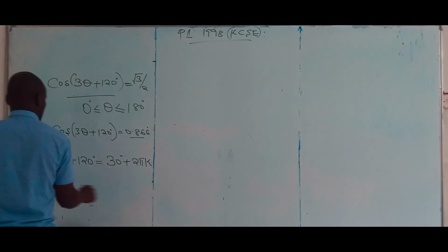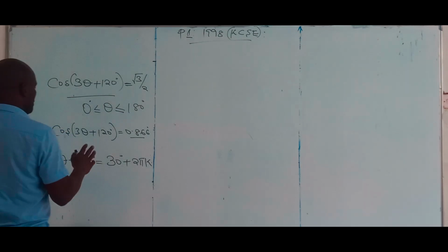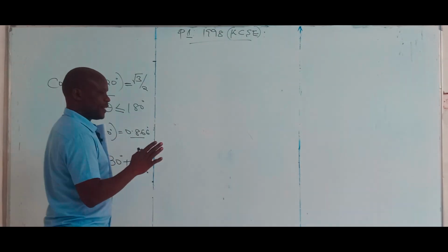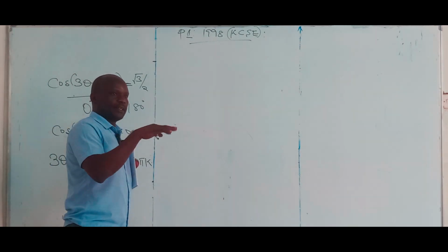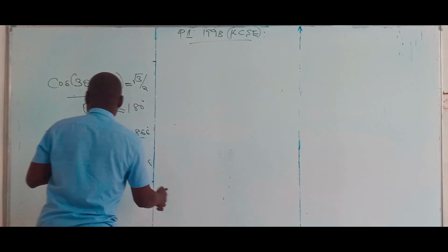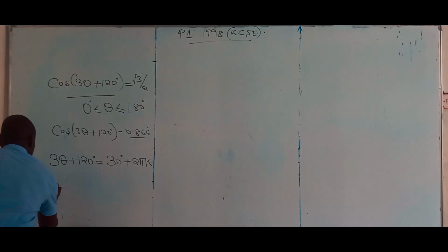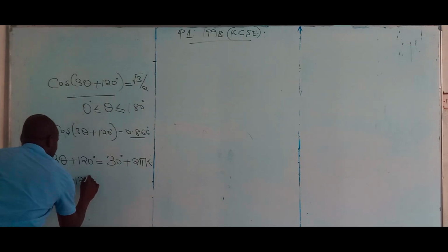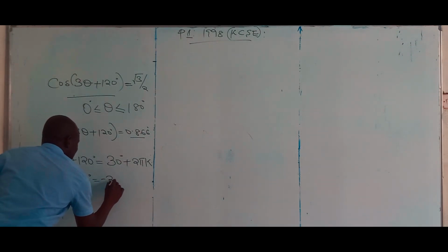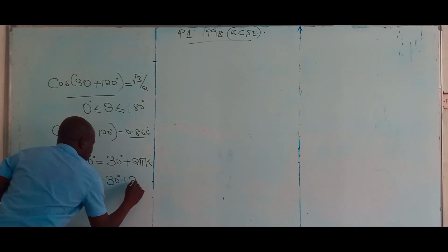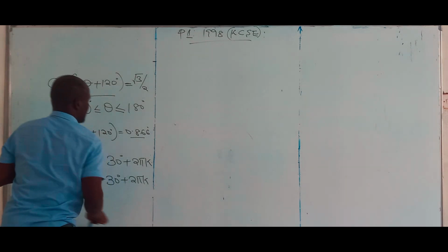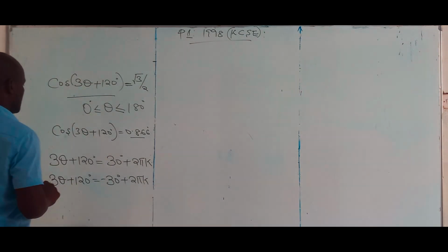That is one way, or, because we should also bear in mind the signs of the cosine in different quadrants of the circle, we also say 3 theta plus 120 degrees is equal to minus 30 degrees plus 2 pi k. Those are the possibilities we can have.